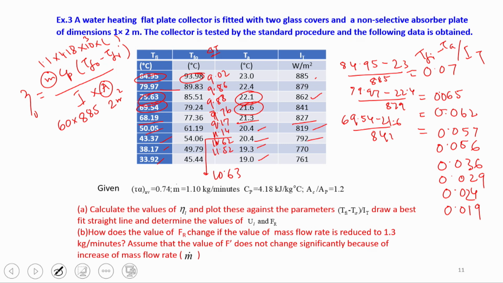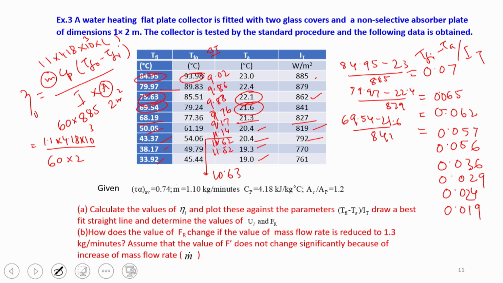Can someone tell me what is this value: 1.1 times 4.18 into 10 raised to the power 3, divided by A, and this part will be variable, right? If you multiply 1.1, then 4.18, then you have 60 into 2.